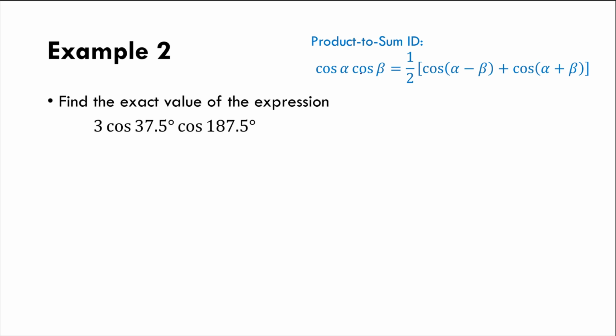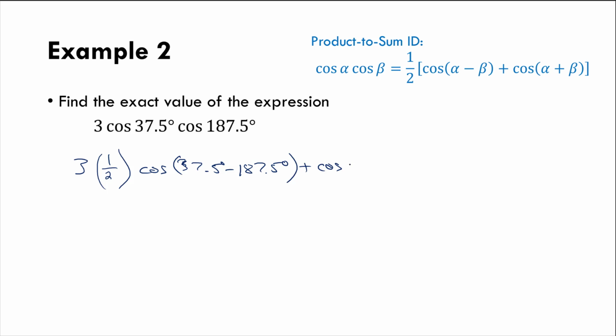So we're going to use our cosine alpha cosine beta identity here and rewrite this as 3 times 1/2 cosine of 37.5 degrees minus 187.5 degrees.